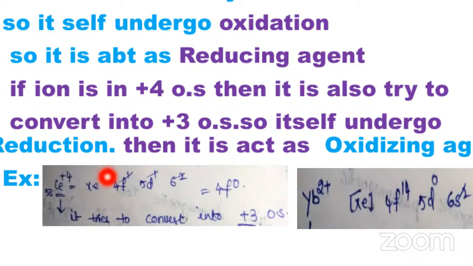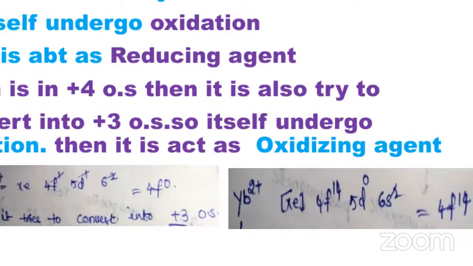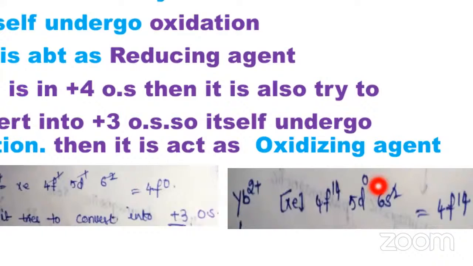So here cerium +4 ion acts as an oxidizing agent. Same as well ytterbium. If it loses electrons from the 6s orbital, it gets the +2 oxidation state, and now it has 4f14.